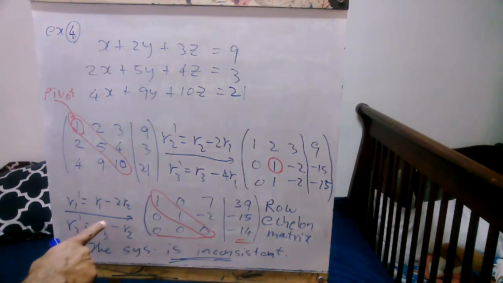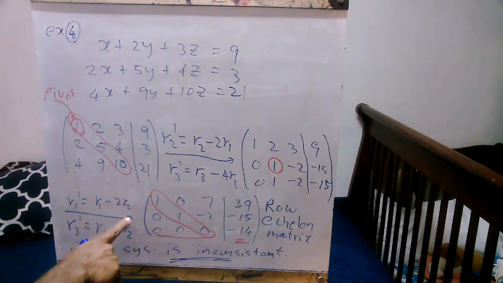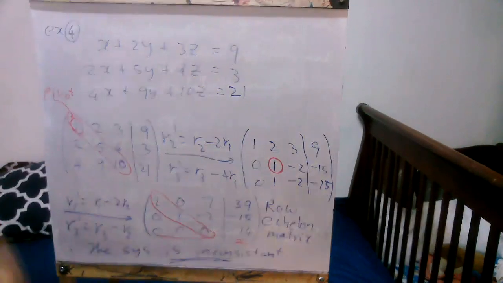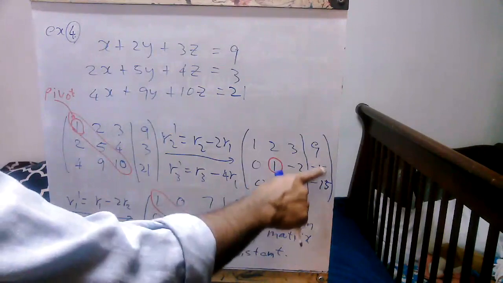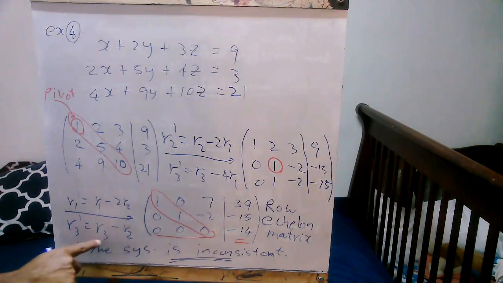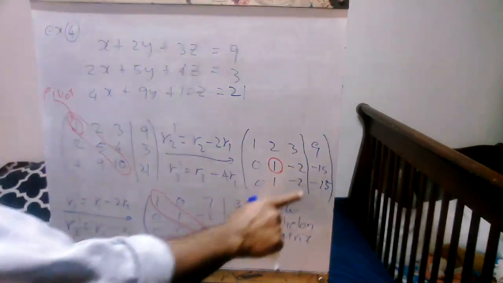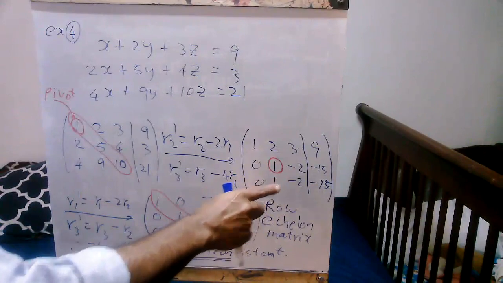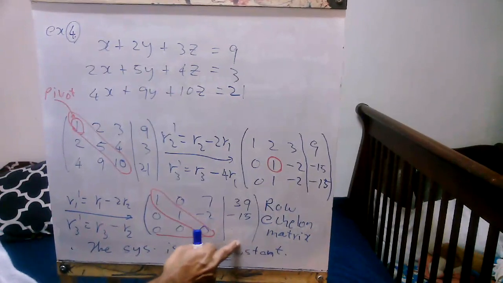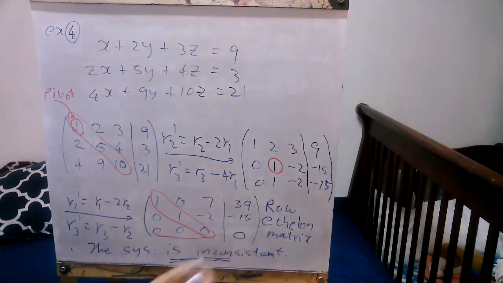Then these two row operations are also not changing, but since we have the same number here, negative 15 and negative 15, when we do this operation, R3 minus R2, negative 15 minus negative 15 is 0, therefore this will change to 0 now, right?